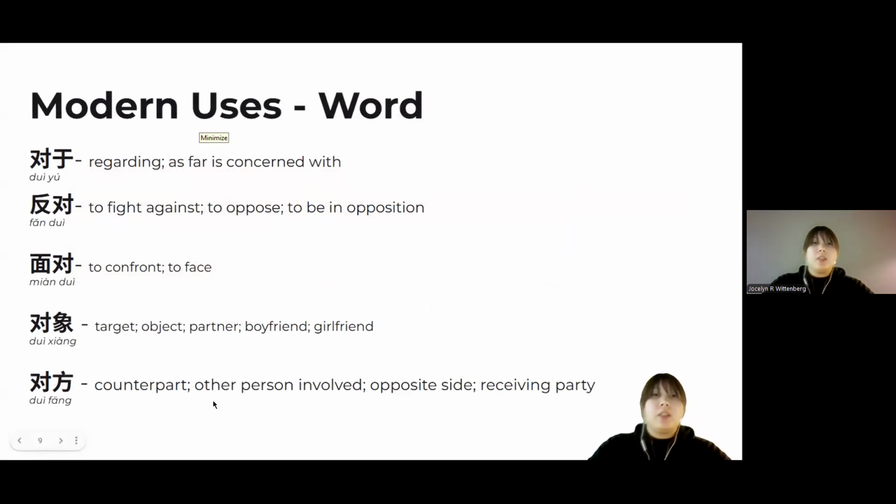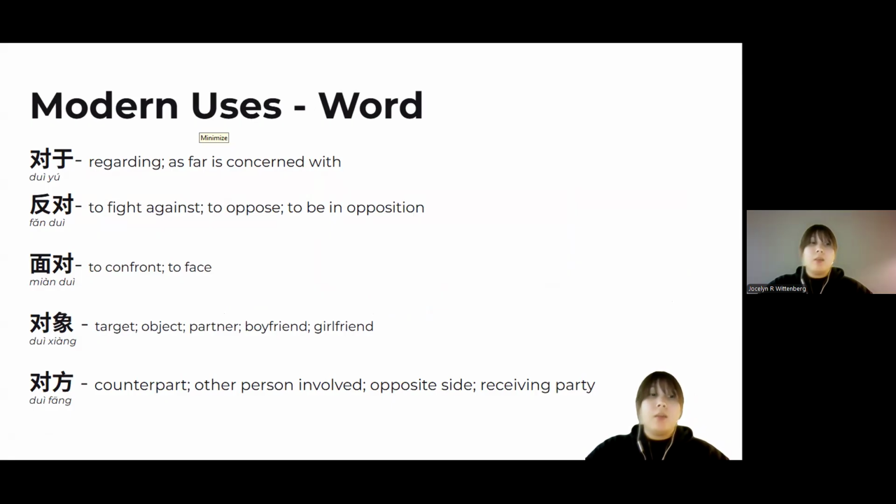We then have the modern uses in words, which have to do with comparing things together. We'll start with this first one, 对于, which is regarding, as far as concerned with. Next we have 反对, which is to fight against, to be opposite or in opposition of.